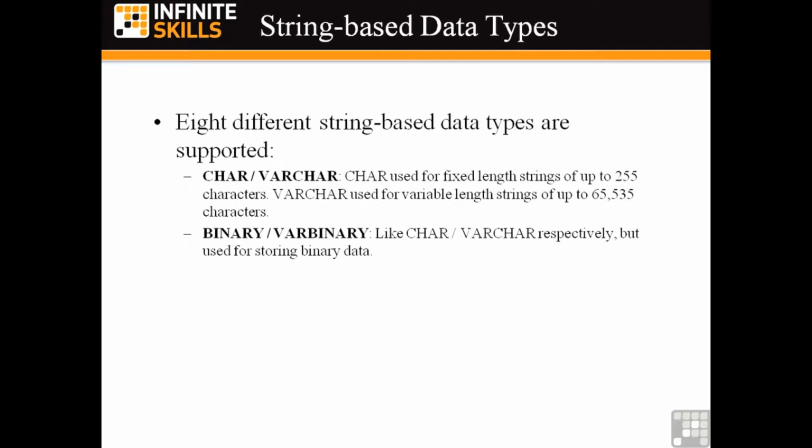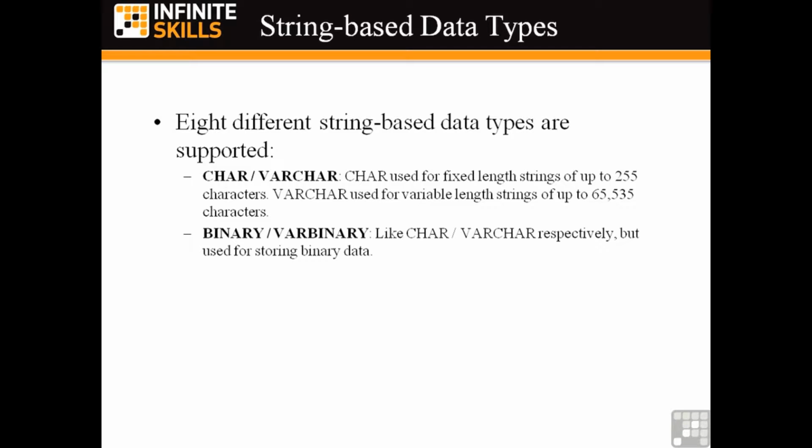The binary and varbinary types are used for storing binary strings consisting of up to 255 and 65,535 bytes, respectively. Now notice I said bytes as opposed to characters, the latter of which is the unit of measurement for char and varchar. So binary and varbinary are like char and varchar in the sense that they are used to store fixed and variable length strings.